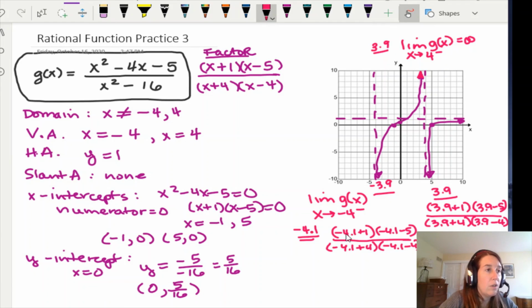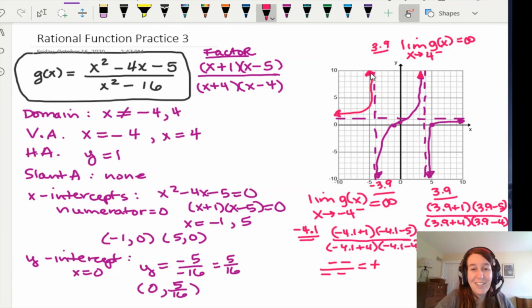The first number would be negative, the second number would be negative, the third number slightly negative, and this number here clearly negative. So that's actually 4 negative signs, right? So this is really a positive divided by a positive, that is a positive. In other words, our limit is equal to positive infinity, and the graph is going up at this point.